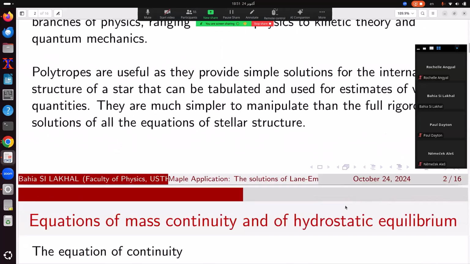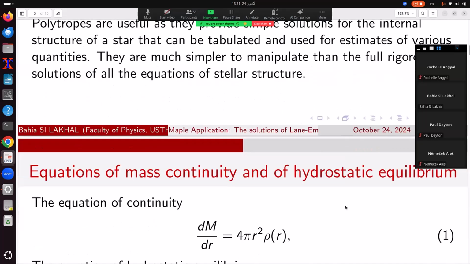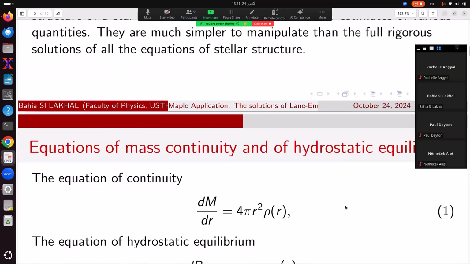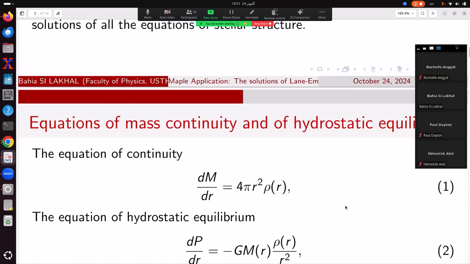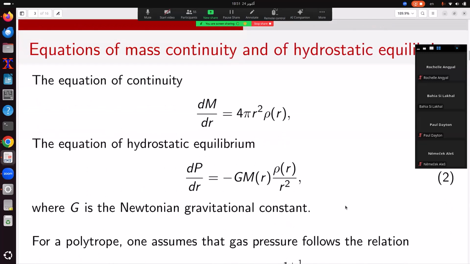Now, to get the Lane-Emden equation, we have to write two equations: the equation of continuity and the equation of hydrostatic equilibrium. M is the mass of the polytrope, rho is its density, P is the pressure, and G is the Newtonian gravitational constant.